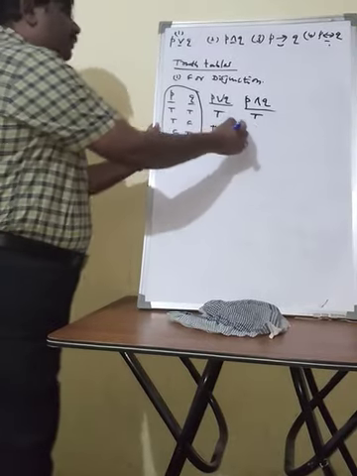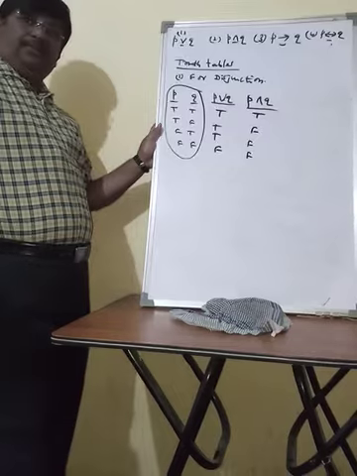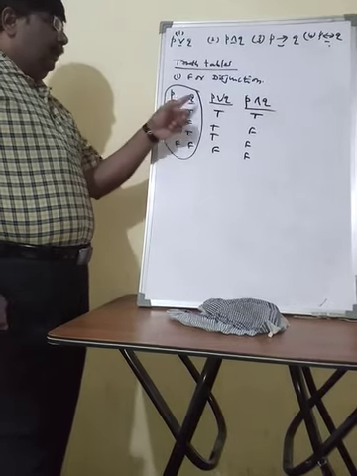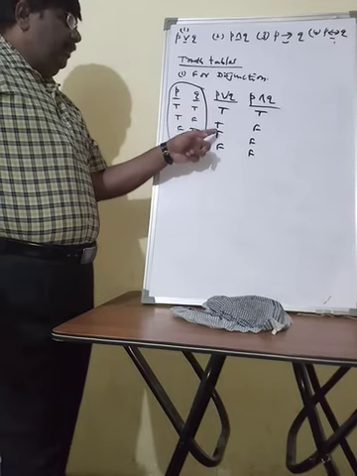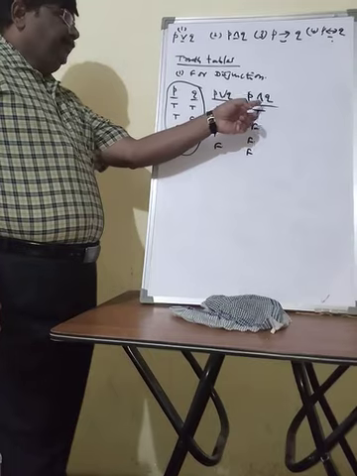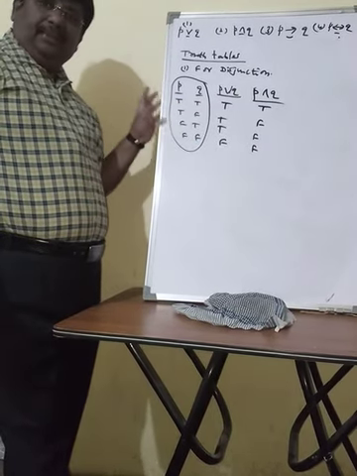If one of them is false, it is false. Disjunction is true in all cases and is false only when both of them are false. Conjunction is true only if both of them are true. In the remaining cases, it is false.